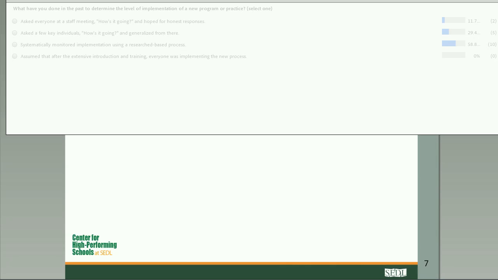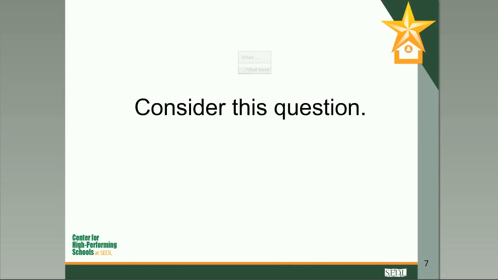And get a general idea of what it looks like from there. But it's important for us to really move beyond that general idea and get a very specific idea about implementation and get a handle on that.